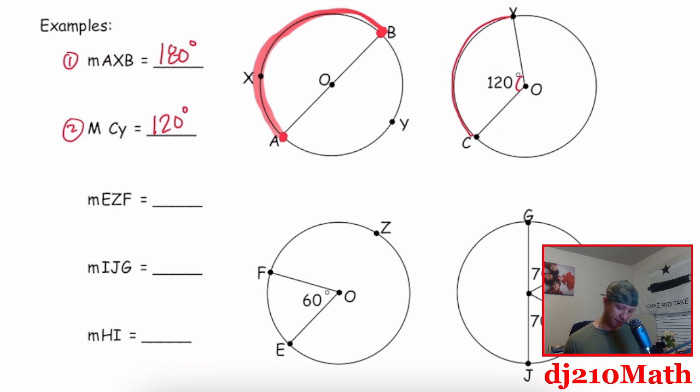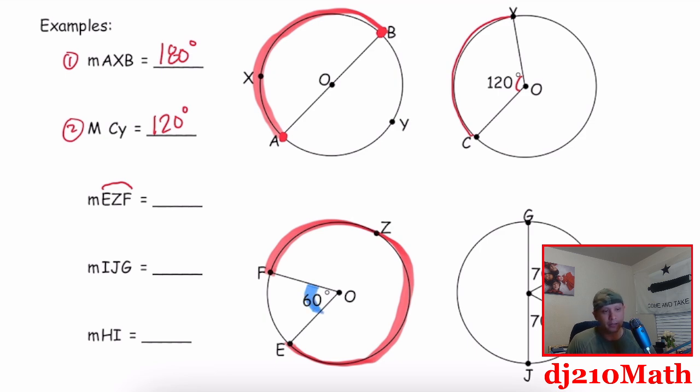EZF. Okay, this is referring to the arc. So EZF, so this way. All right, so we have to know that the only information they gave us was that this little one right here is 60.